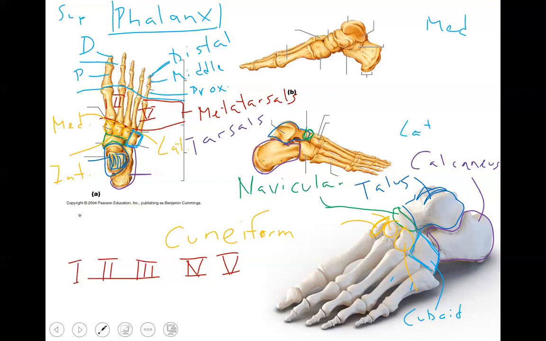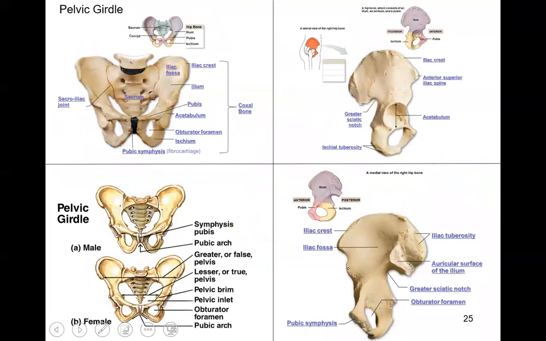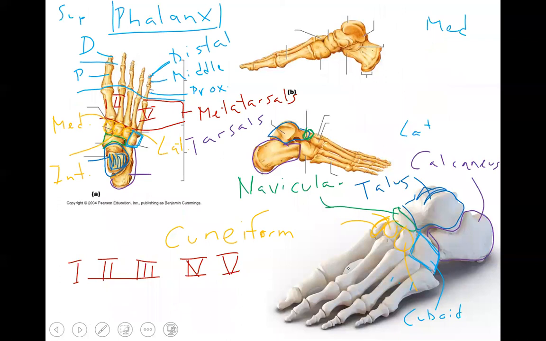Sorry guys, we have the proximal, middle, and distal phalanx. We have metatarsal 1 through 5, and then the tarsal bones.